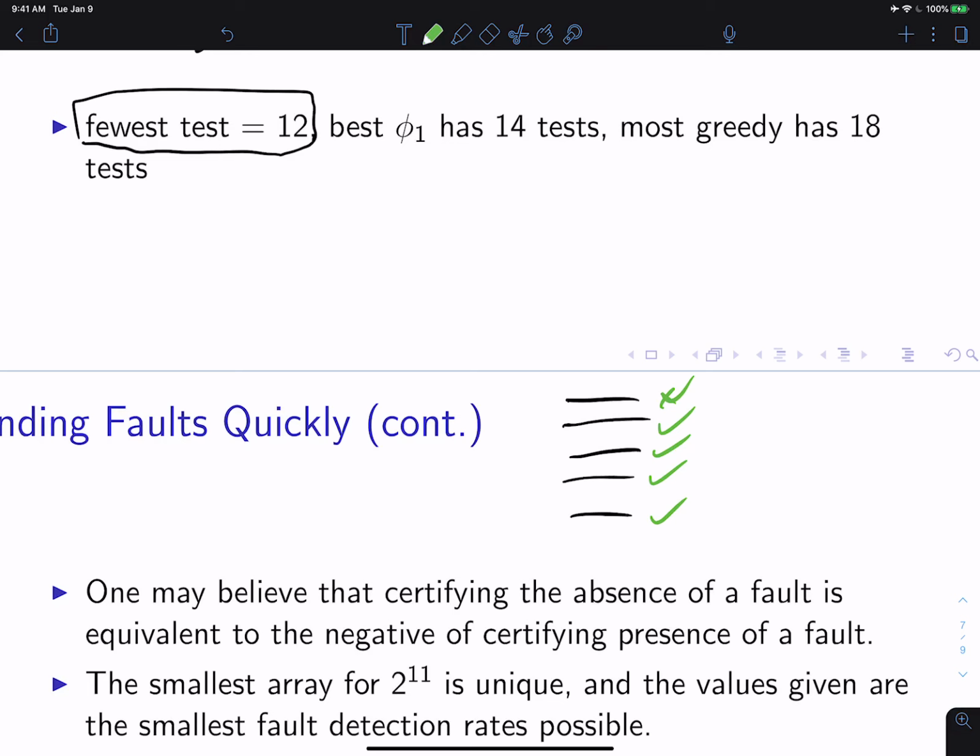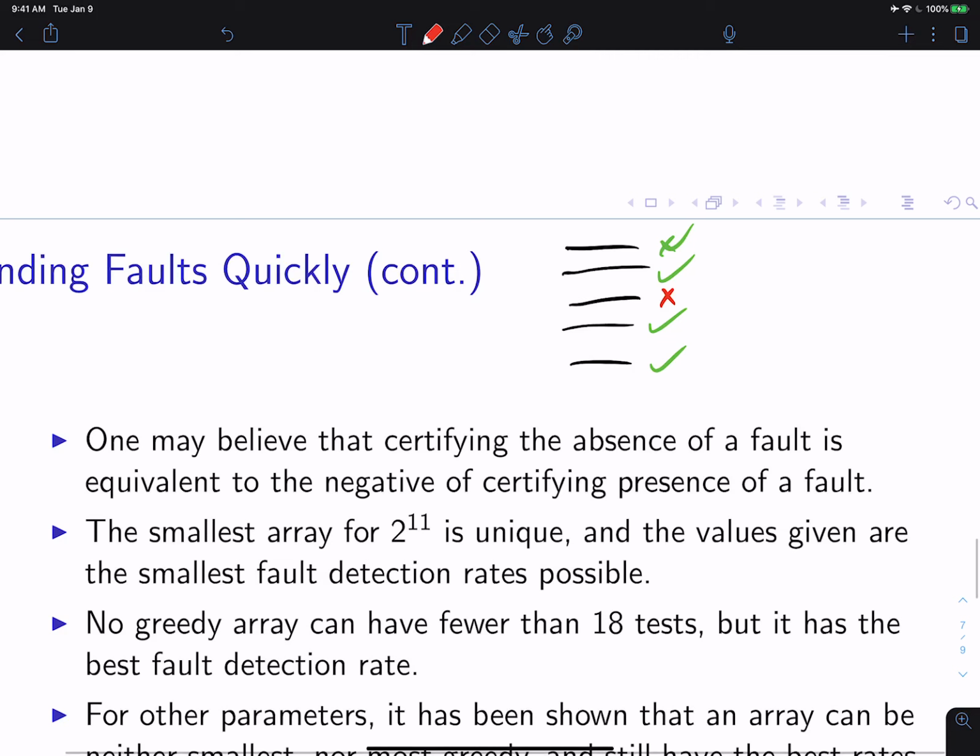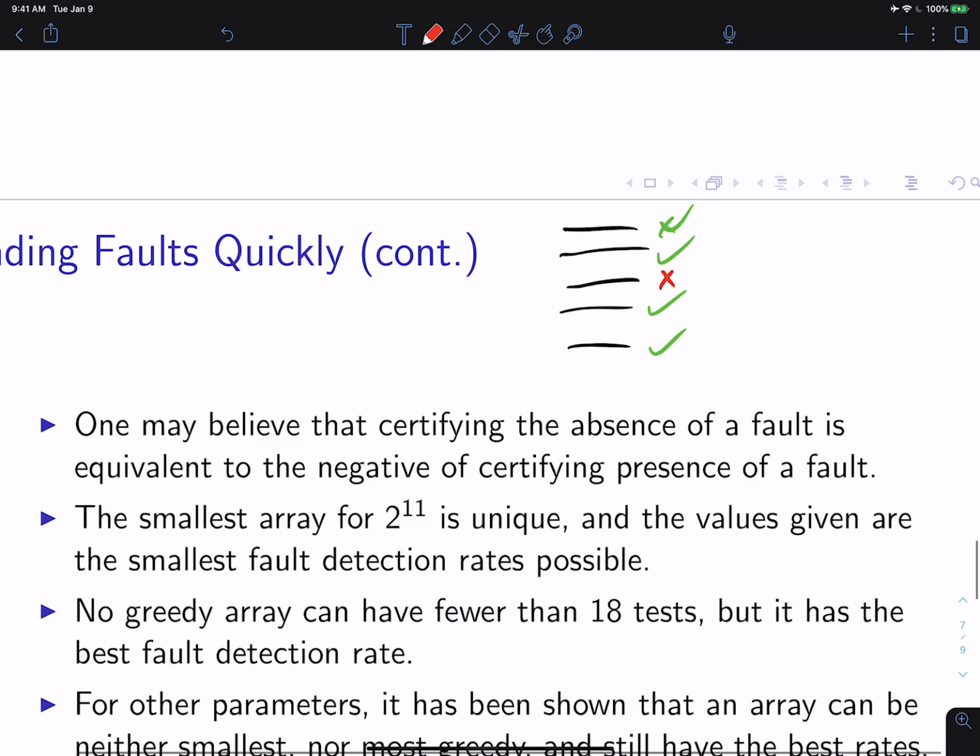Well, you may be thinking, that's just the opposite problem of certifying that there is a fault in the system, because a fault in the system means at least one of the tests did not pass. So a fault not being there means every test passes, and a fault being there means that some test failed. But it is not true that these are correlated to each other. And in fact, in some cases, they have completely nothing to do with each other.